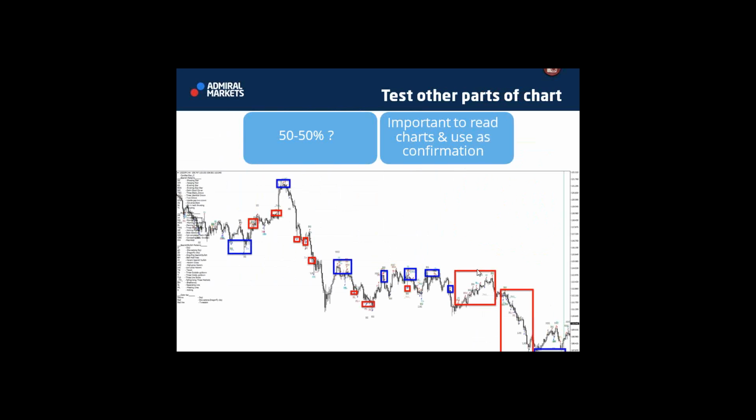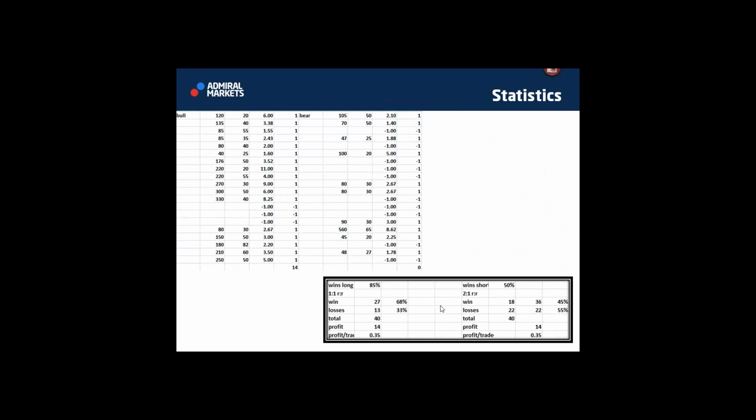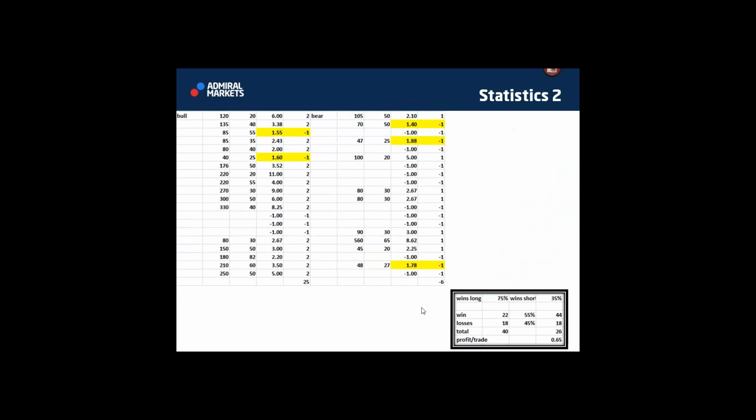So a small little difference already boosts the potential. Now the win percentage was 55%, by the way. Whereas here with a 1-to-1 it was 68%. So obviously, of course, our win percentage went down from 68 to 55, but we got a lot of benefit from that.